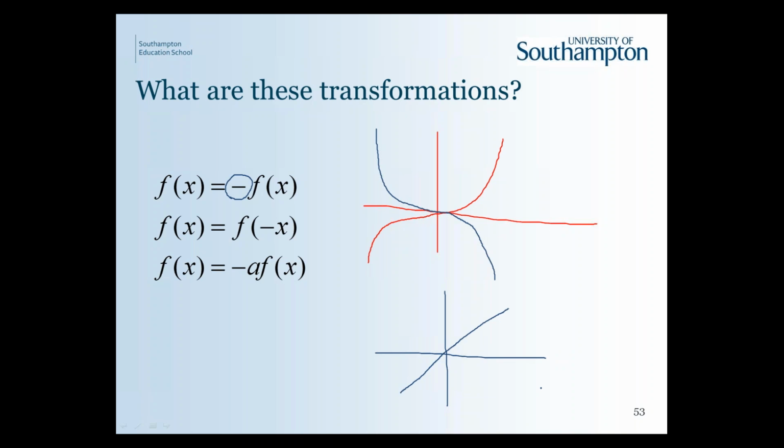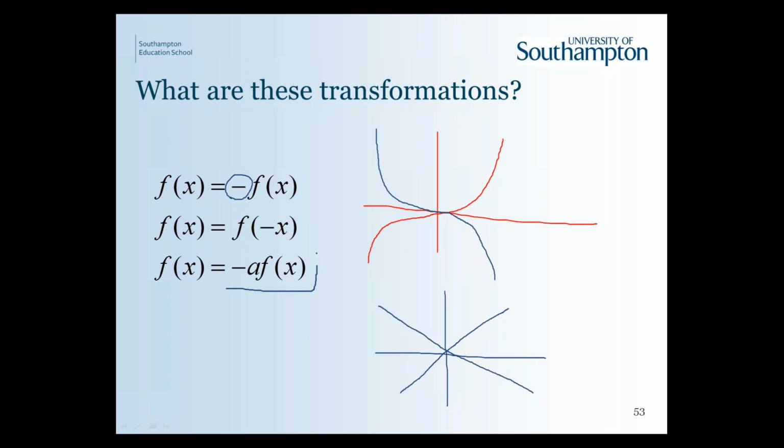So if I just have this as my function, f of minus x means that all of the x values will now change sign. So that will reflect in the y-axis. So all the x values have changed, which means it's reflection in the y-axis.